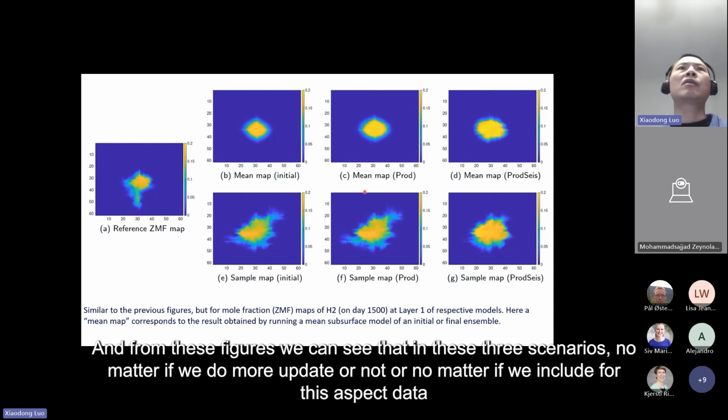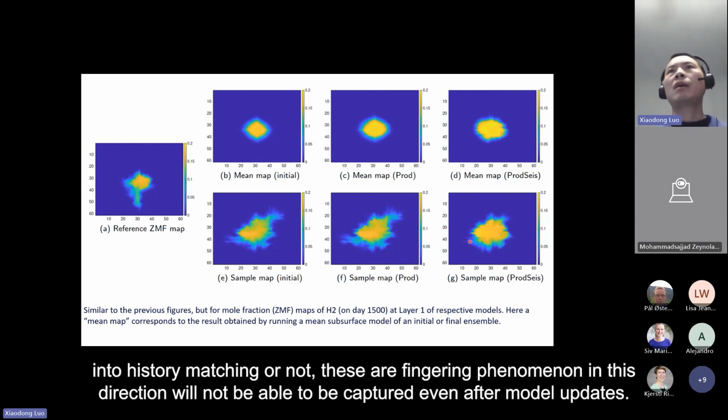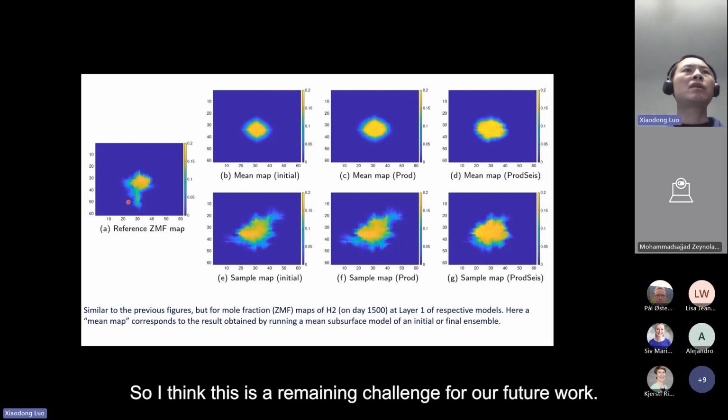And from these figures, we can see that in these 3 scenarios, no matter if we do model updates or not, or no matter if we include 4D seismic data in history matching or not, this fingering phenomenon in this particular direction will not be captured even after model updates. So I think this is a remaining challenge for our future work.